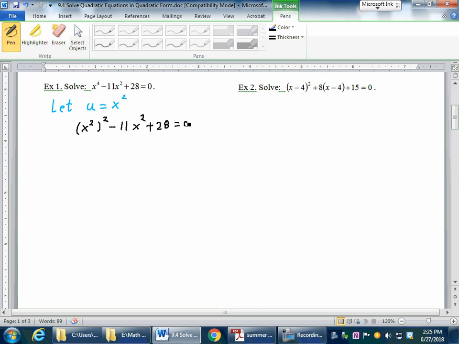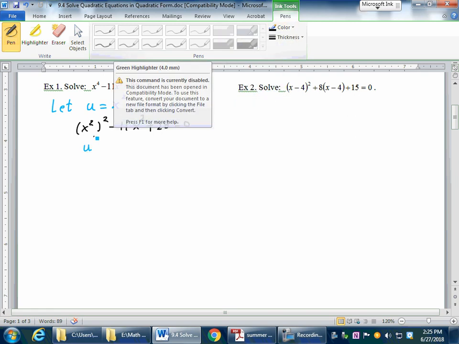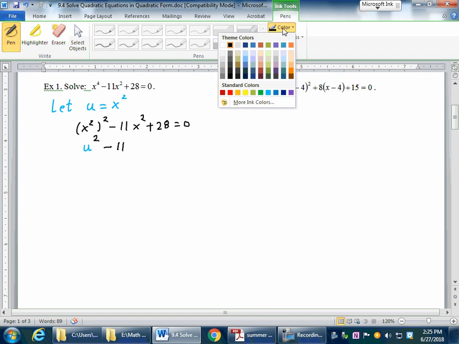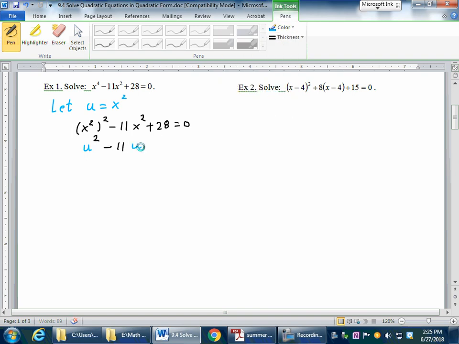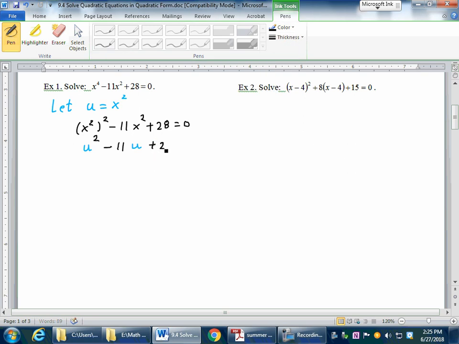So now what I will do is substitute u to make it easier for us to continue. x squared is u, so it will be u to the second power minus 11 times u, plus 28 equals 0.